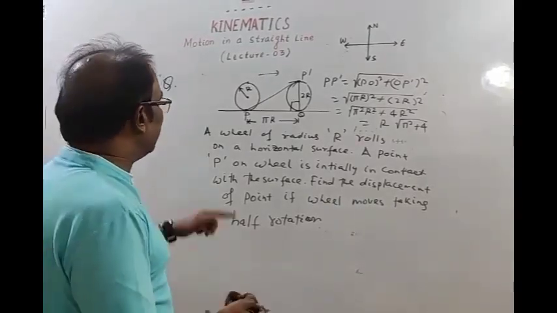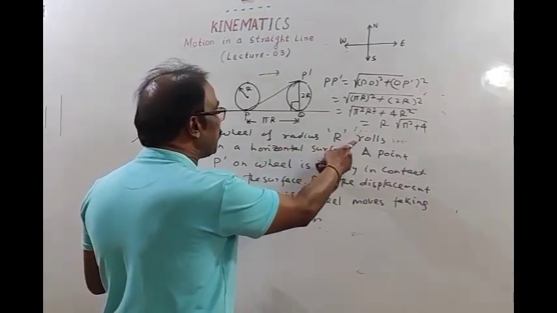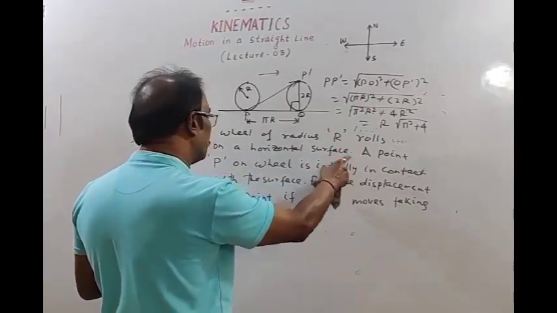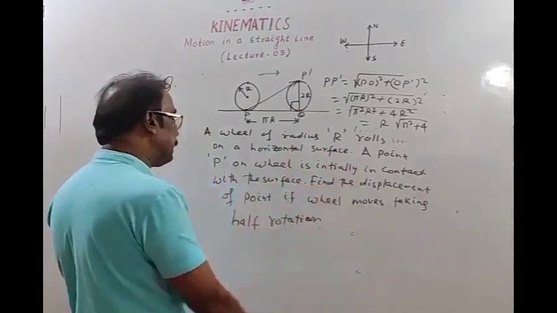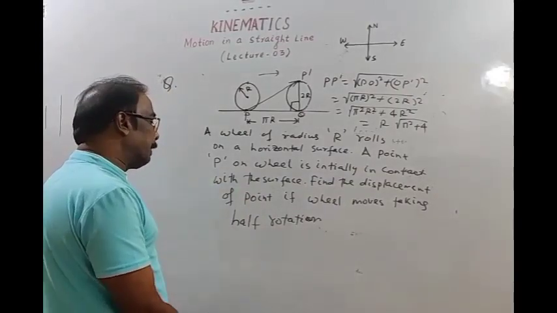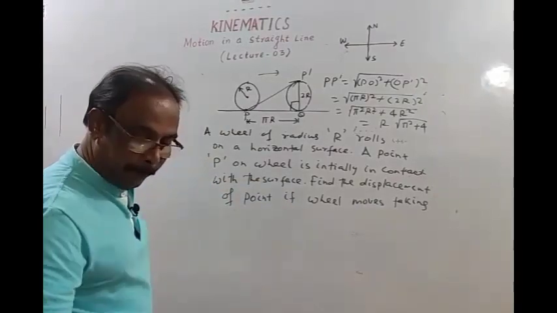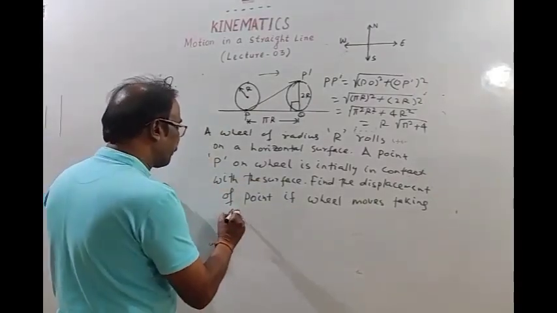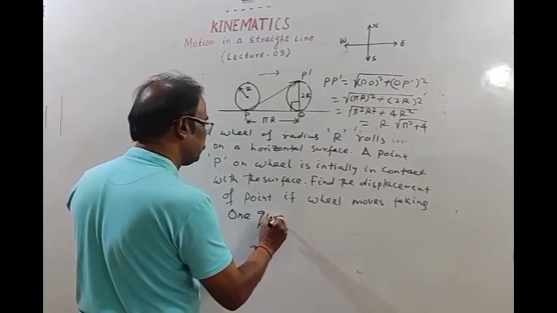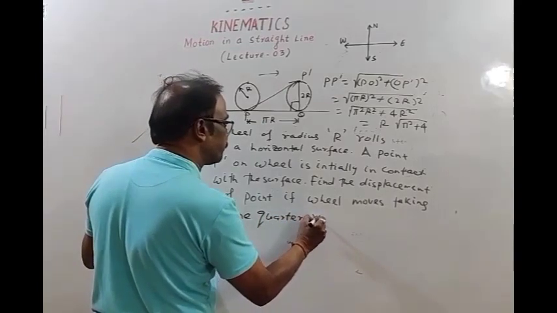Okay, then next bit. A wheel of radius r rolls on a horizontal surface. A point P on the wheel is initially in contact with the surface. Find the displacement of the point if the wheel moves taking 1/4 rotation.